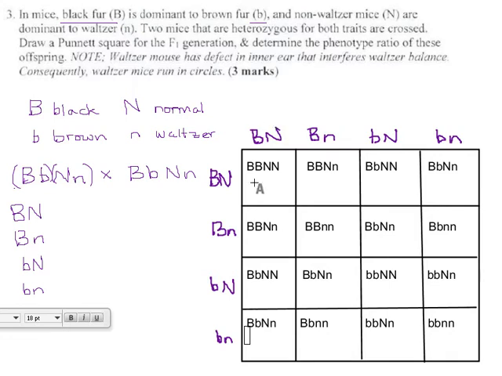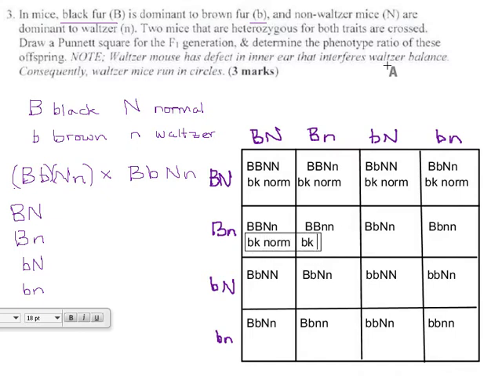Okay. So, going back through this again, what does that give us for phenotypes? Big B means black, and big N means normal. These are black normal. Black normal. The whole top row is black normal. Big B means black, and that's normal again.